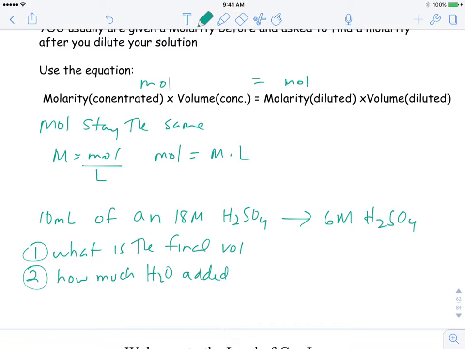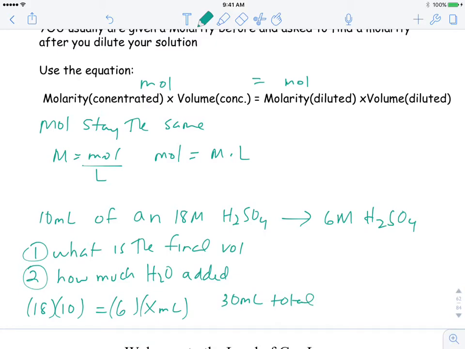So the first one, find the final volume. The molarity of the concentrate was 18. The volume of the concentrate was 10. You want to make this into 6, and you don't know the final volume. So we have 180 divided by 6, which gives us 30. So that would give us 30 milliliters total.